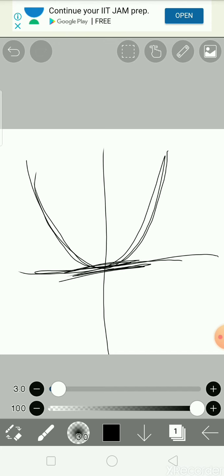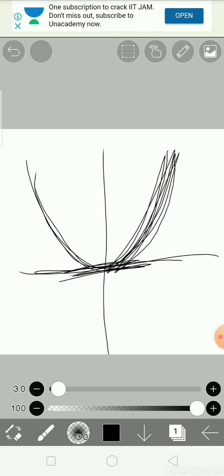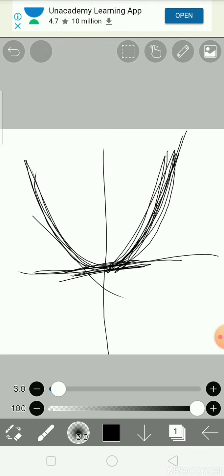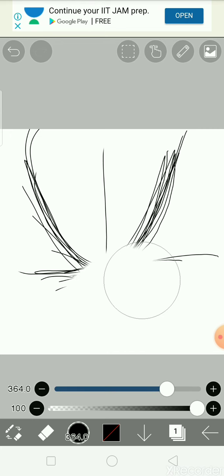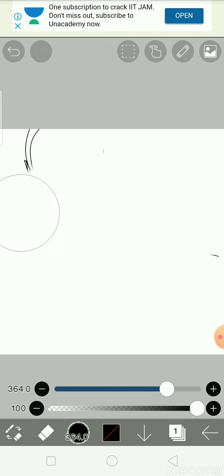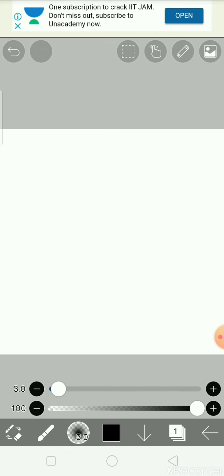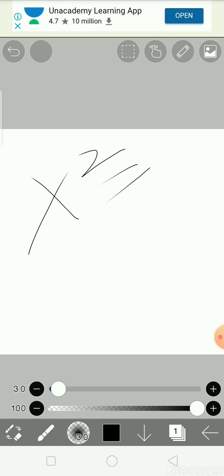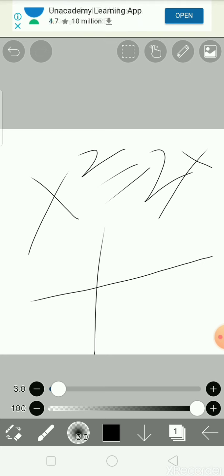Here its slope is constantly increasing at both the ends. Here it's increasing, here it's again increasing. So if we differentiate it, we get the value as 2 times x.